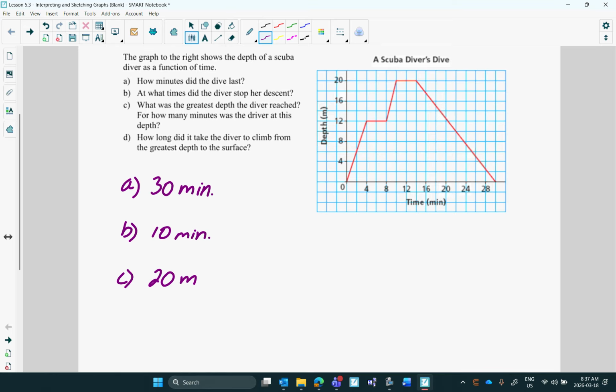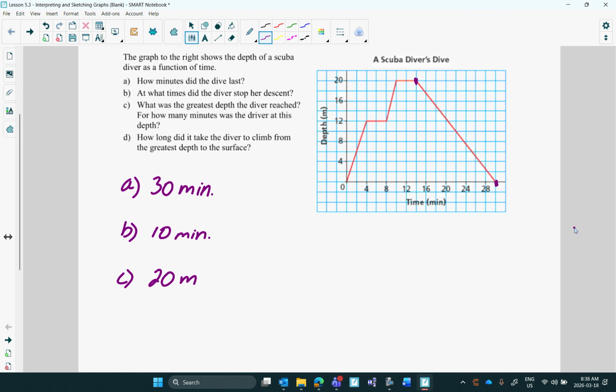And how long did it take the diver to go from the greatest depth back up to the surface? Well, at what minute mark does the diver start to go back up from the lowest depth? 14, right? And then hits the surface here at 30.